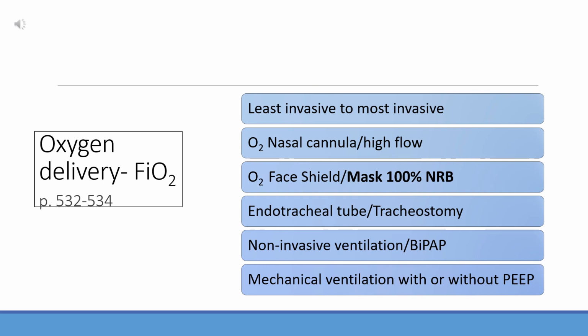Now, a 100% non-rebreather mask is best used when you need to bring the O2 sat up quickly without resorting to intubation. So settings of 10 to 15 liters per minute is usually the setting. The mask essentially keeps the client from breathing room air, so it's as close to 100% FiO2 as possible.